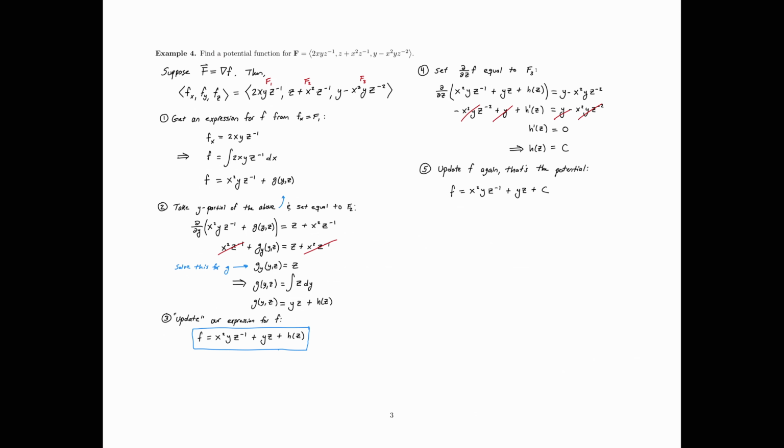So since it's a potential, I'll say in particular, a potential, and I'm going to put in parentheses here with c equals 0, is f of x, y, z equals x squared y z to the negative 1, plus y z plus 0. So just that.